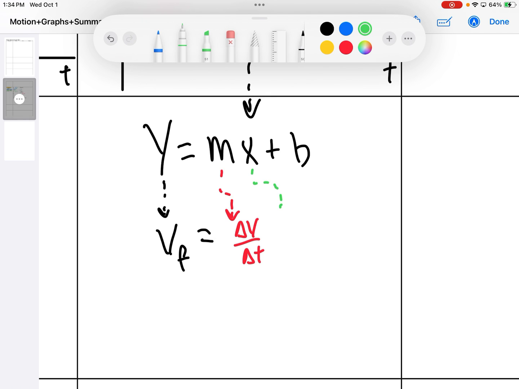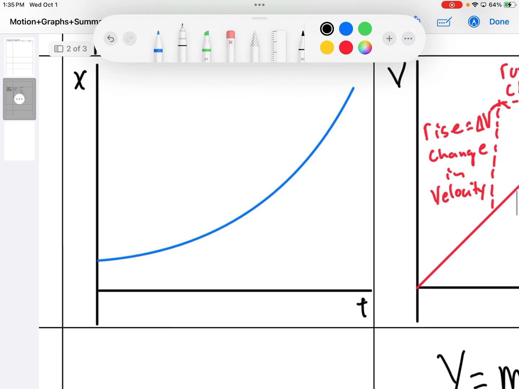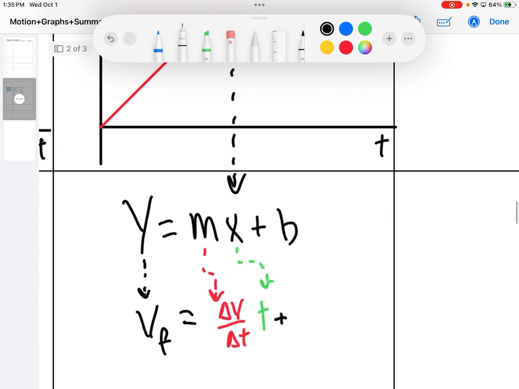Now, what does our x-axis measure? Time. Very good. And think deeply about this one, folks. What does our b value, our y-intercept, tell us? We are not speaking of the y-intercept of the position graph.